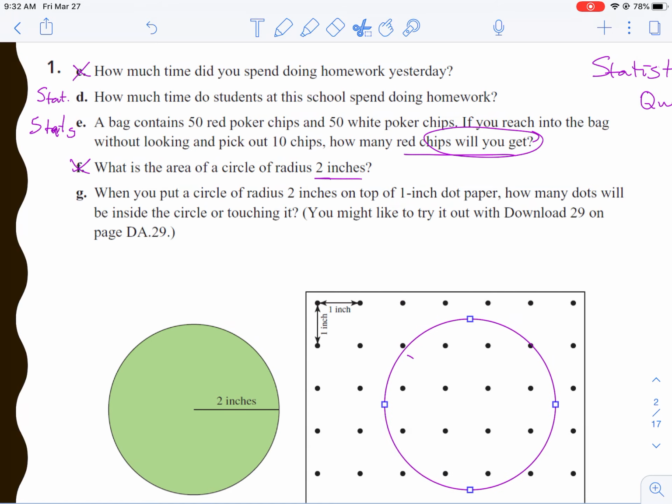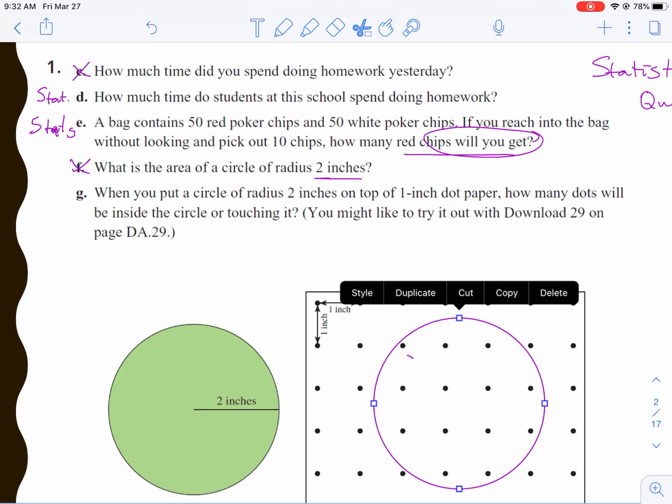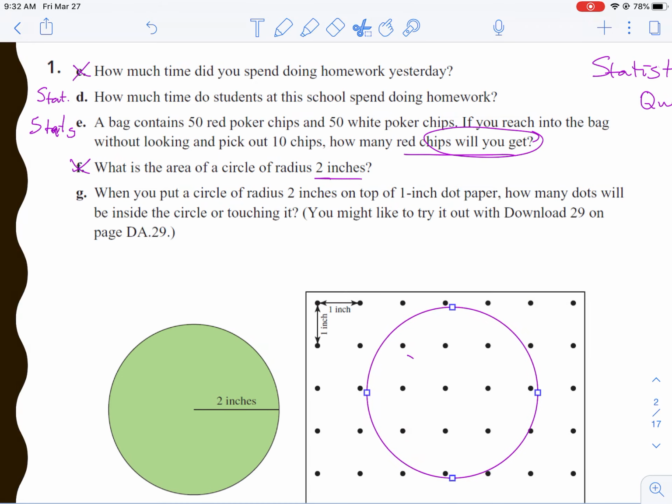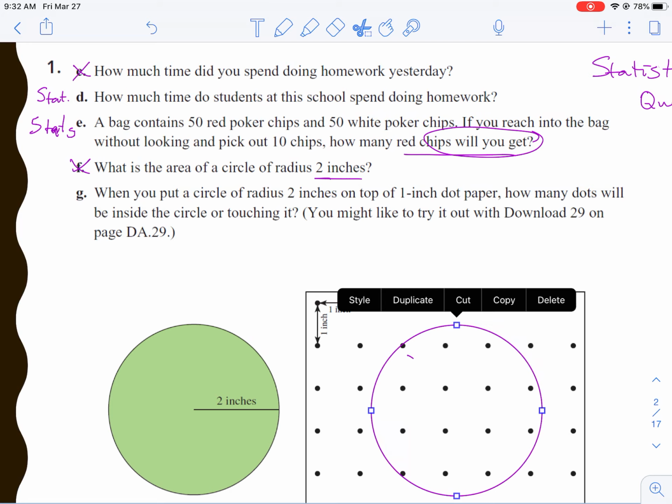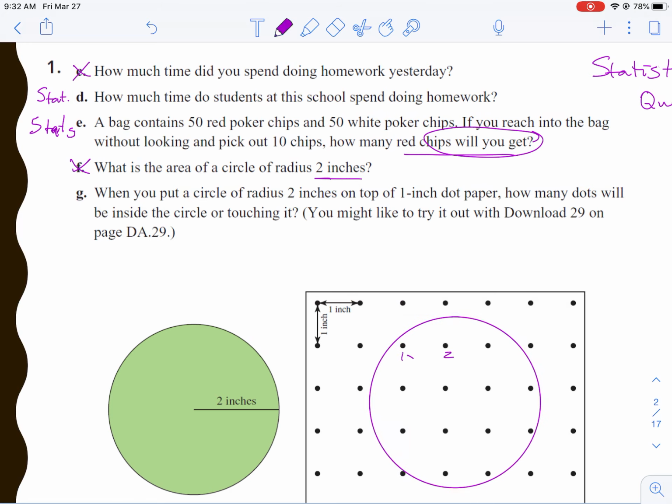Try that again. I slide it over. So here I've got 13. Alright, I gotta do this again. So I'm gonna do it this way. Alright, so let's go 1, 2, 3, 4, 5, 6, 7, 8, 9, 10, 11, 12, 13 dots in the circle.